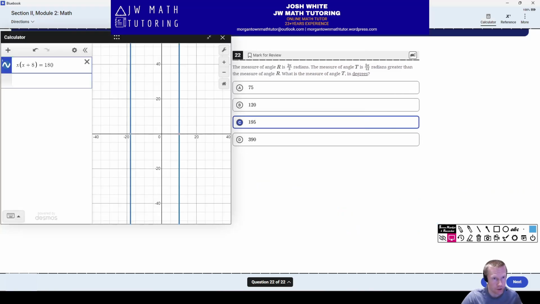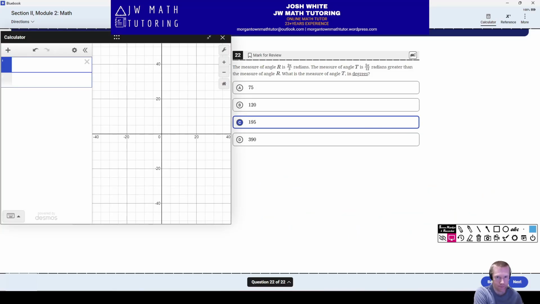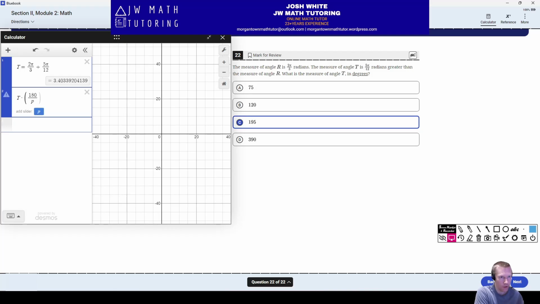Now, just to show you a couple things. You have 2 pi over 3, and you add to it 5 pi over 12, so you get this value. Now I'm going to store this as t, because this is the measure of angle t. Then I'm going to take t and multiply it by 180 over pi, and notice it nicely converts it back into 195 degrees.